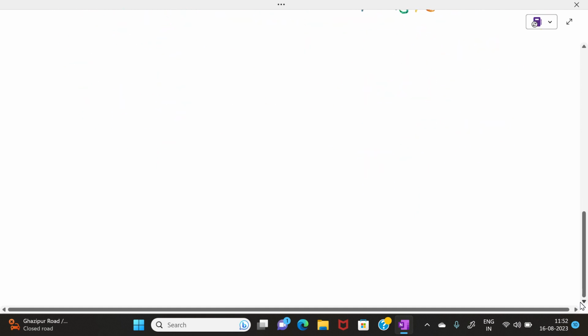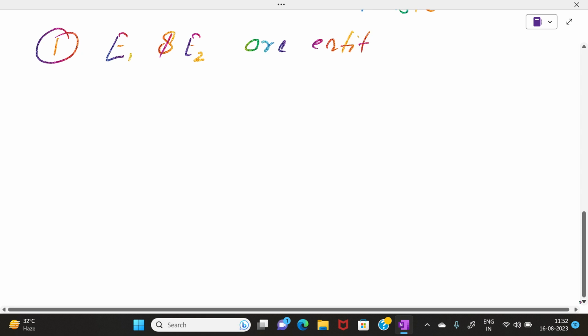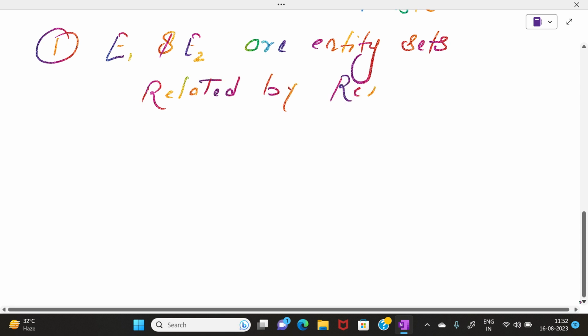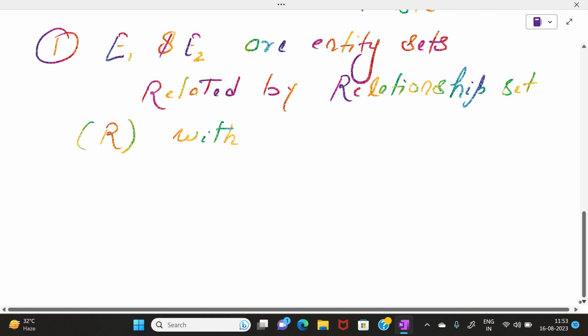Here we denote the entity sets as E1 and E2 and the relationship set as R. Let's say E1 and E2 are the entity sets, and they are related by the relationship set R, and the mapping between the relationship set and the entity sets is 1:M mapping.